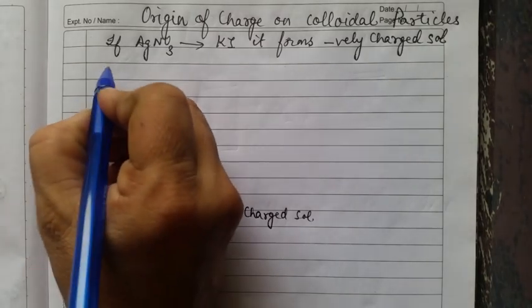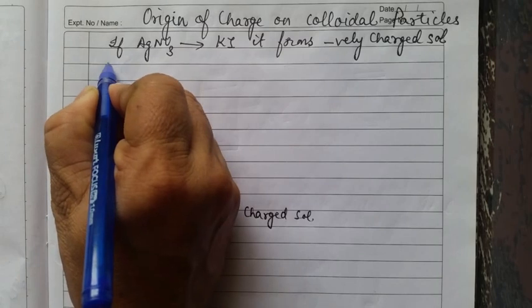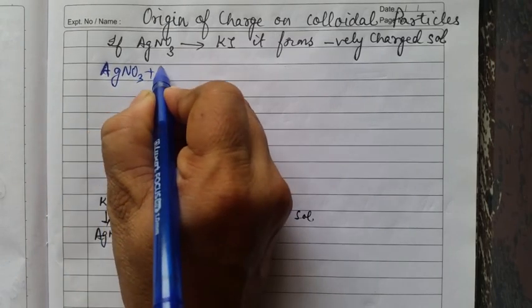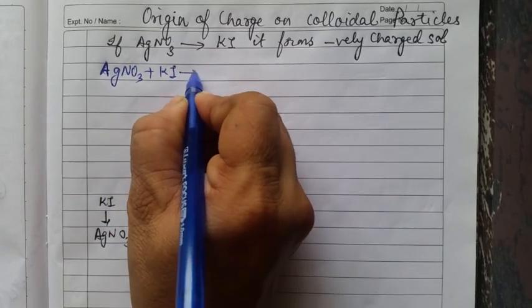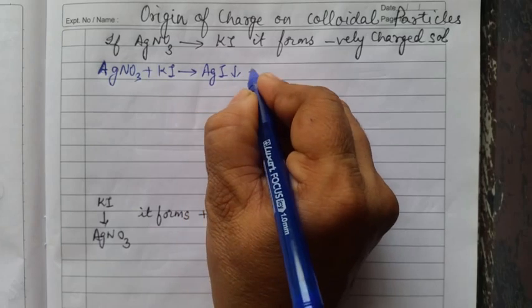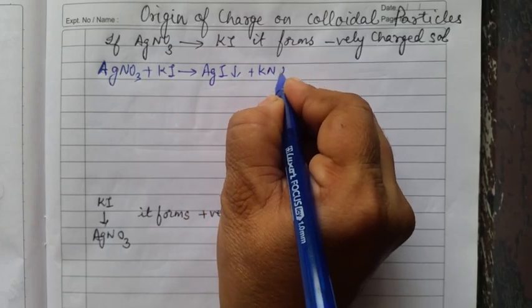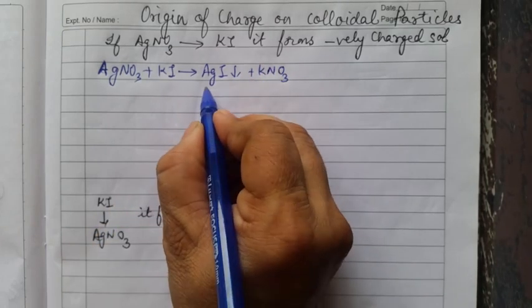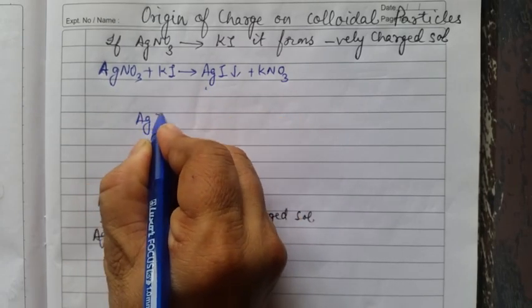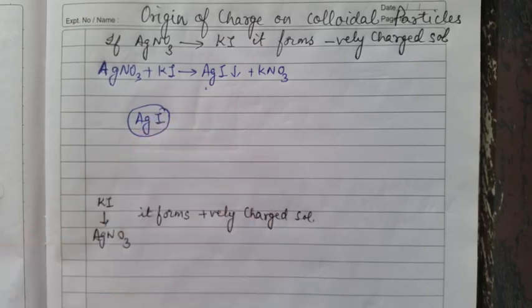Okay, first thing, we will write the equation. When you add silver nitrate to potassium iodide, you get a precipitate of silver iodide plus potassium nitrate. So you will have silver iodide precipitate.